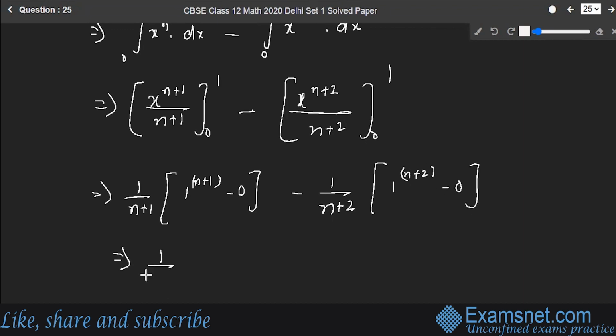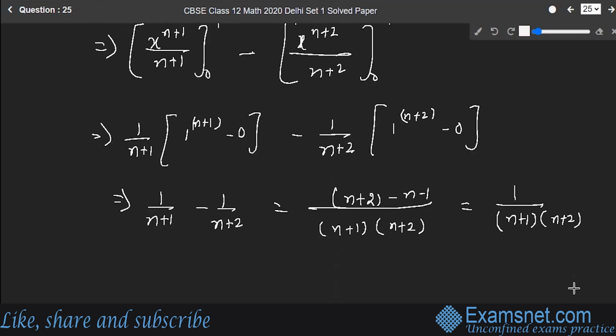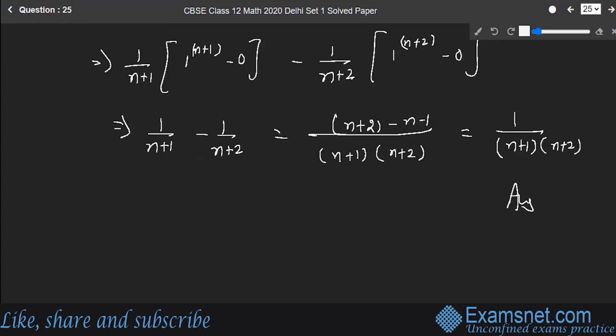This will be equal to 1 upon n plus 1 minus 1 upon n plus 2, which will be equal to n plus 2 minus n minus 1 in the numerator over n plus 1 into n plus 2. So this will be 1 upon n plus 1 into n plus 2. This is the answer to the question. Hope you understood that. Let's move to the next question then.